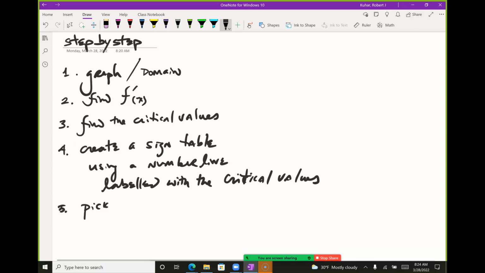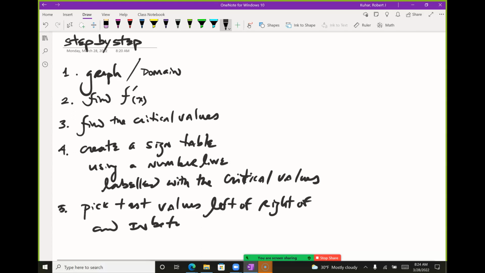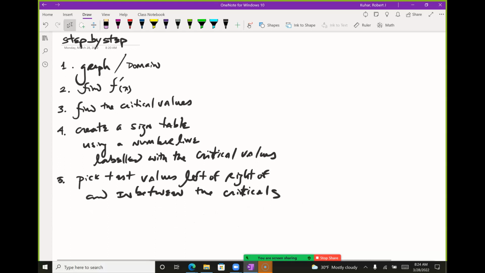Pick test values left of, right of, and in between the criticals. It'll make more sense once I start doing a problem.